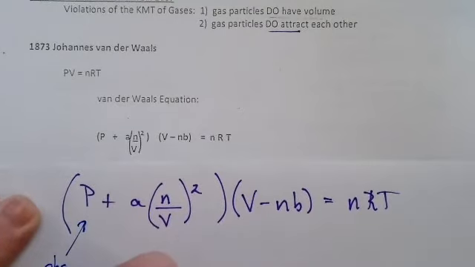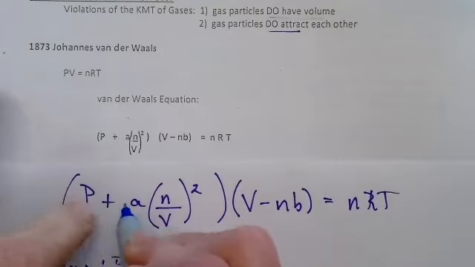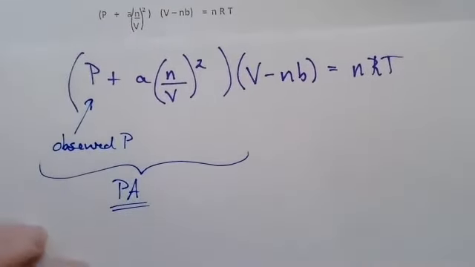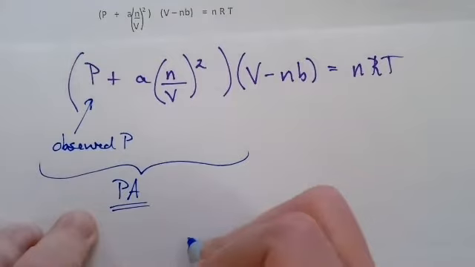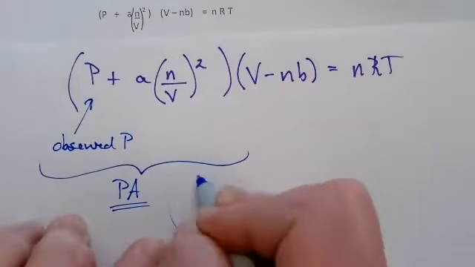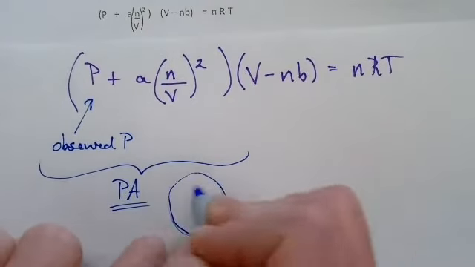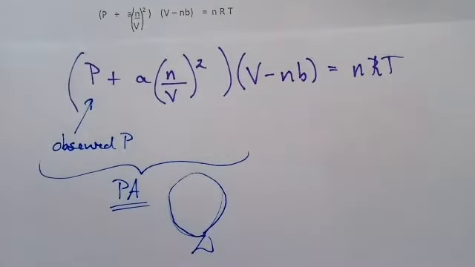So this is the observed pressure. Well, we need to add to that. Well, why? Well, this makes up for the particle attraction that gases have for each other. We know that as a gas is behaving, that it's colliding with the walls of the container and itself, and a measure of that is pressure.